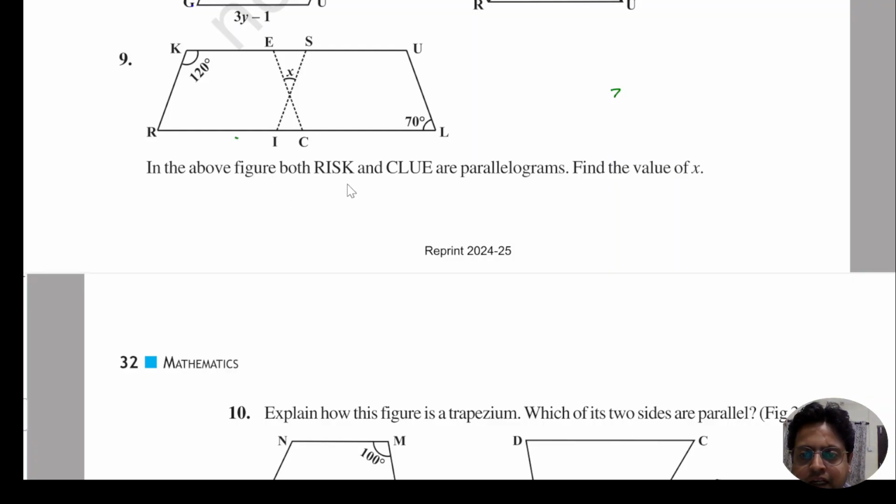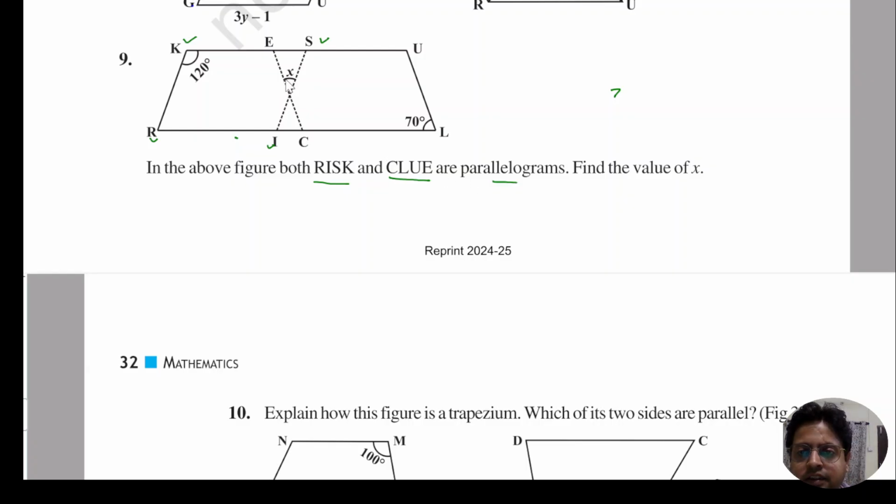So what the question is saying, in the above figure, both RISK and CLUE are parallelograms. You have to find the value of x.